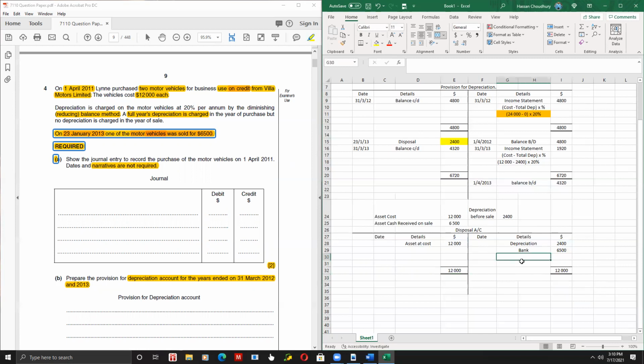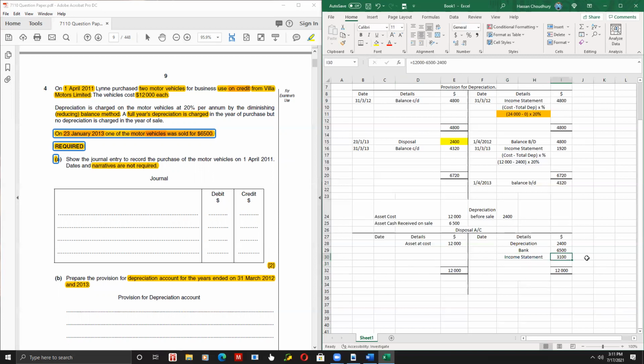And on the difference side, we're writing income statement. We're just going to put the difference here. So this minus this minus this. Okay, I'm just going to manually type it in. So 12,000 minus 6,500 minus 2,400. So our income statement figure is 3,100.